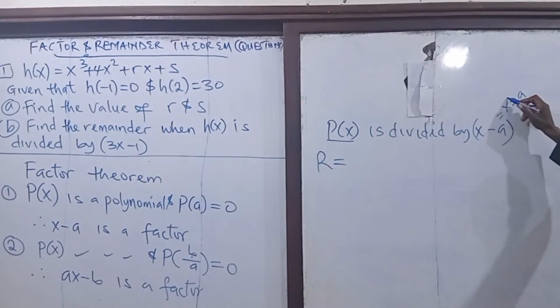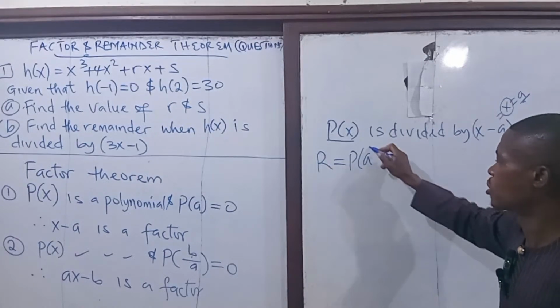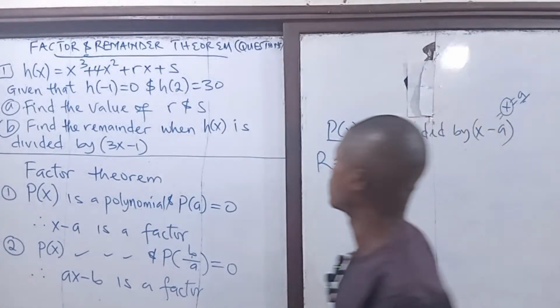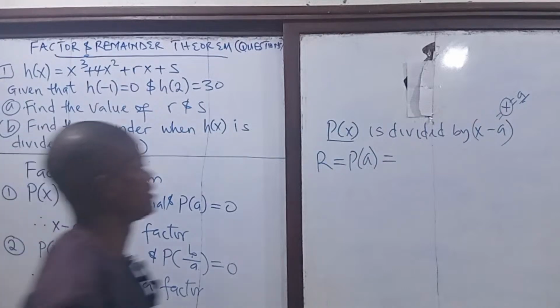So anywhere you see your x, you make a substitution, replacing it by a. So that will be p of a, and whatever you get is what we call the remainder for that function.